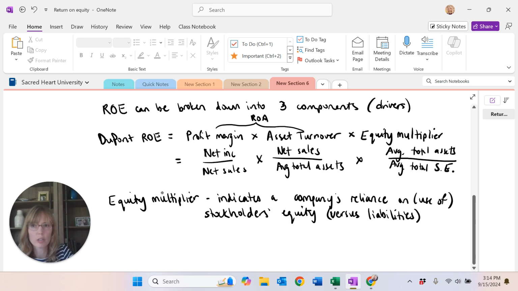Think about return on equity, the net income being the same. Return on equity is going to be lower the more the company relies on equity. The more the company can rely on liabilities to finance assets, the higher that return on equity is going to be.